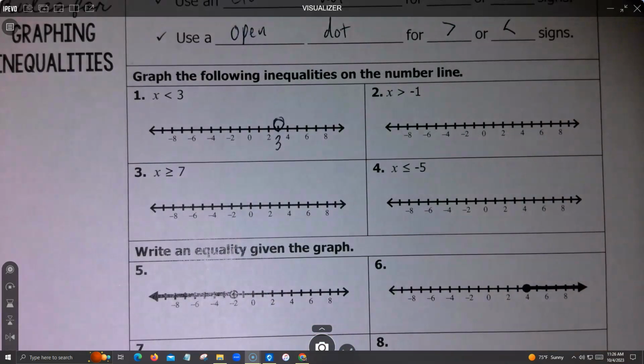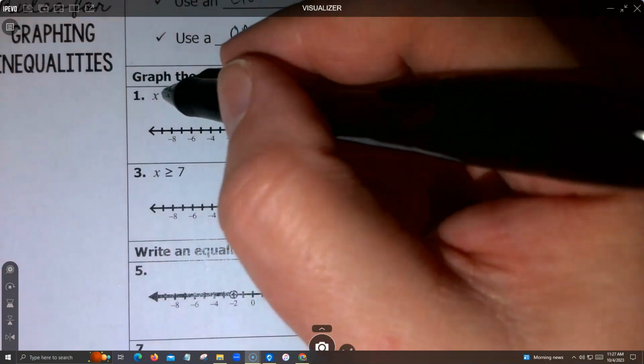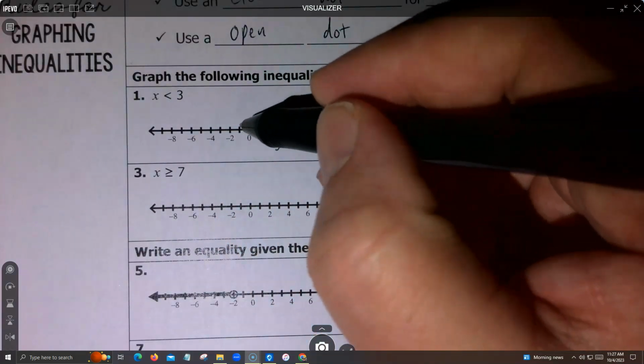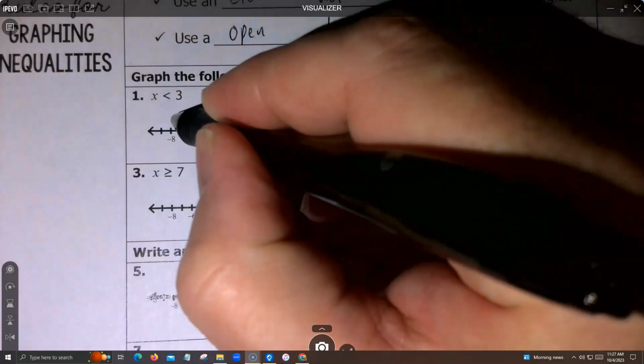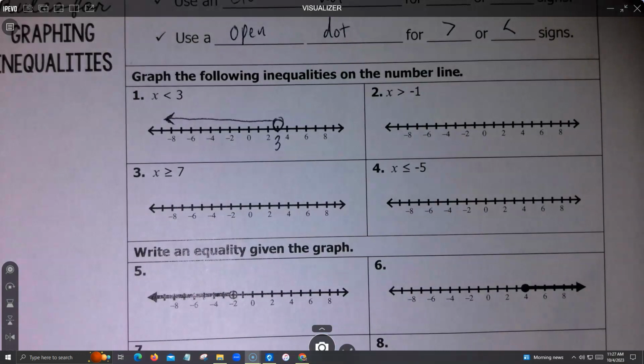And what that really means is you can start around 3, but you don't want to be on the actual 3. And then I need all the numbers that are smaller. Again, this is less than, smaller than 3, which would be 2, 1, 0, and so on. So it would be all of these. So we're going to make a graph that goes in this direction forever.